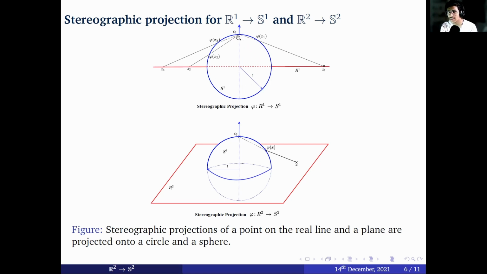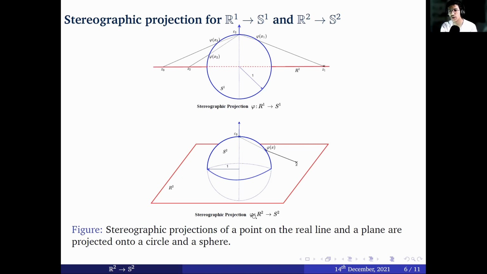We try to extend this till here, and the projection is implied at this point. It cannot touch E2, but it meets the hypersphere at this point, and this is where the data lies. So we project the data Z1, Z2, Z3. These are the projections: phi of x1, phi of x2, phi of x3.